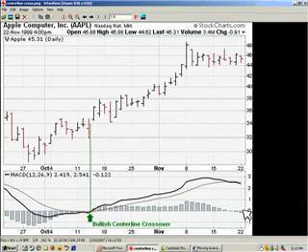Let's not forget that the MACD, as it crosses the zero line, is representative of the 12, and they're no longer plotted here on the chart, but the 12 EMA crossing the 26 EMA to the upside. And the opposite would be true on the top side.